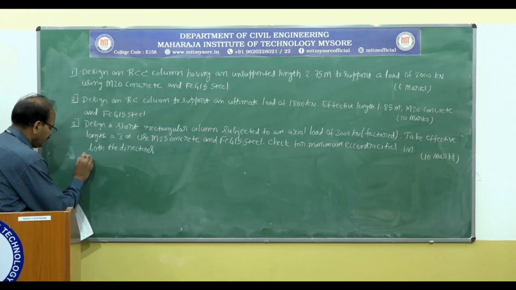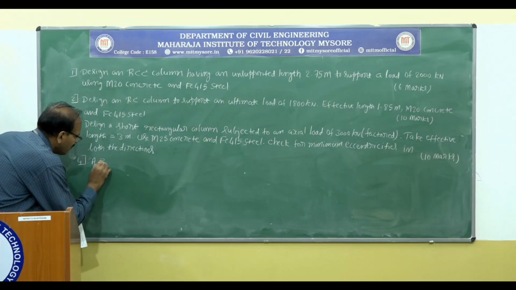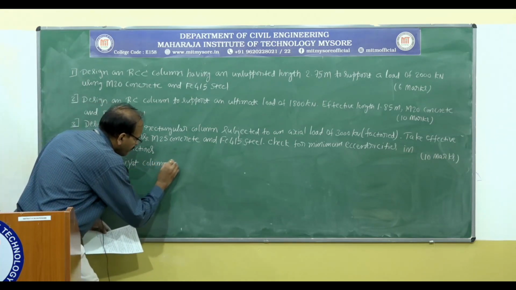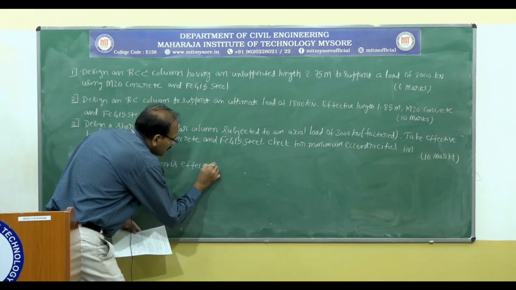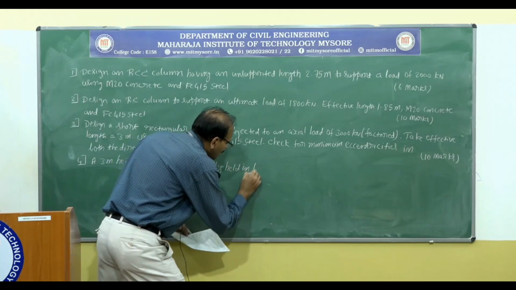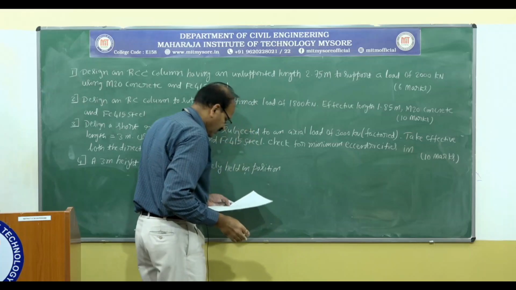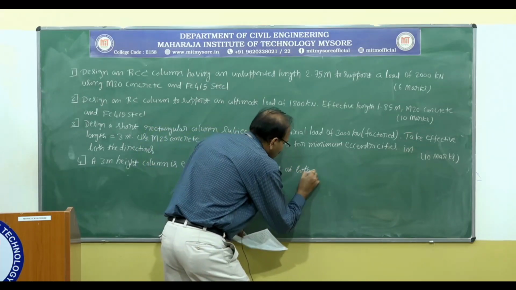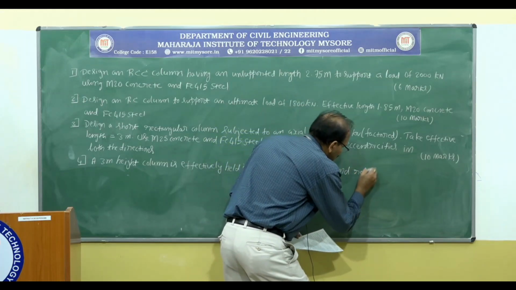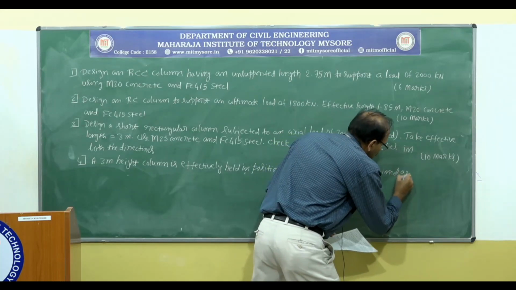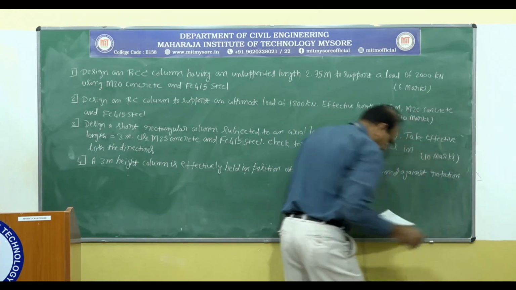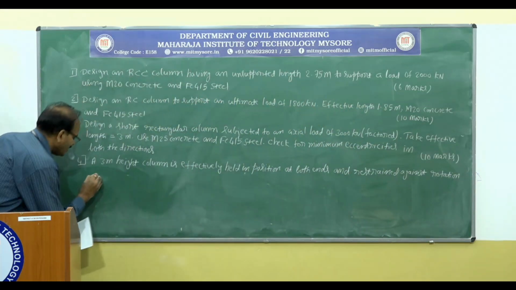And the next problem is: a 3 meter height column is effectively held in position at both ends and restrained against rotation at one end.